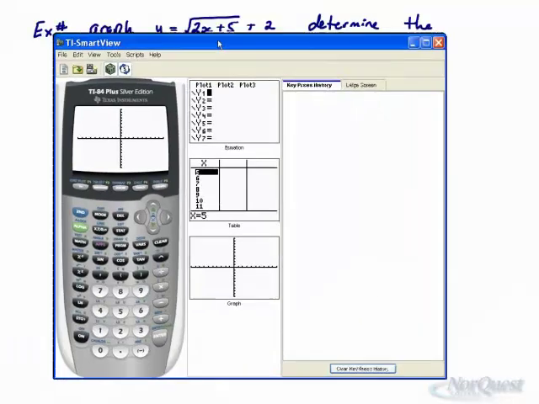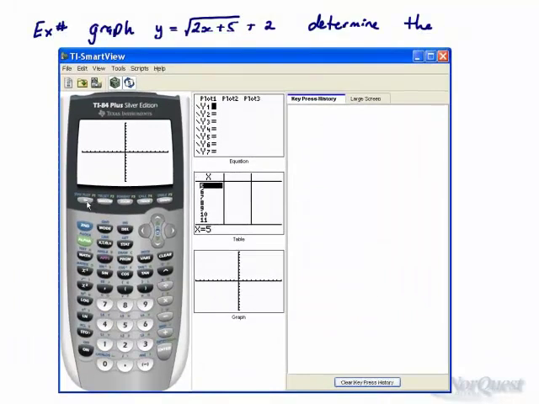So the first thing we'll do, press your y equals button, and we'll enter in the equation. You have the root symbol, which is just above the x squared, so since it's in blue, we'll go second function x squared. Put the 2x plus 5 inside brackets, because we're taking the square root of the whole thing.